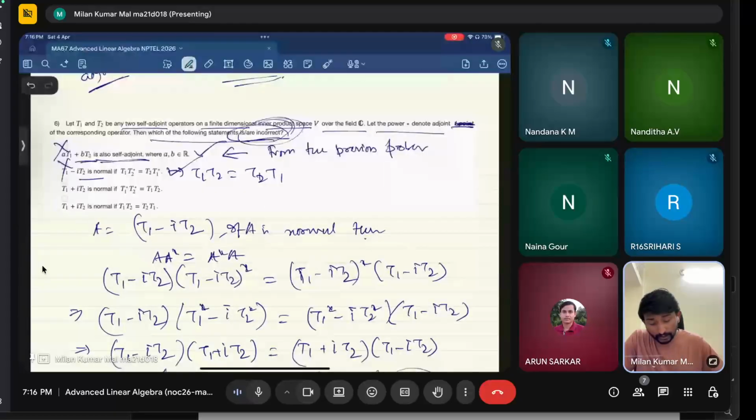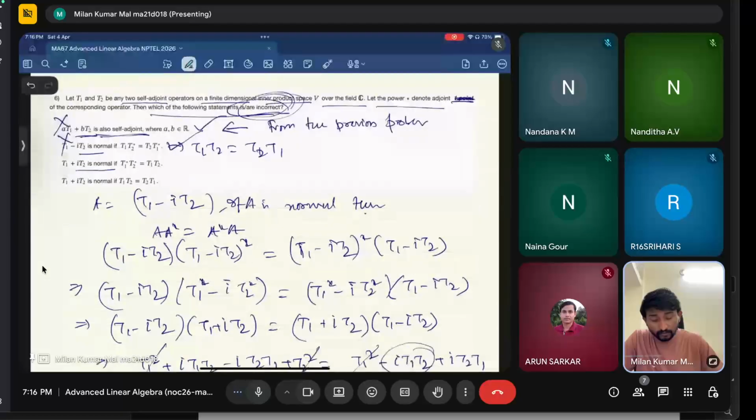Okay, let's go to the next problem. T1 plus T2 is normal if T1 star T2 star equals T1 T2. This is already there, T is self-adjoint.